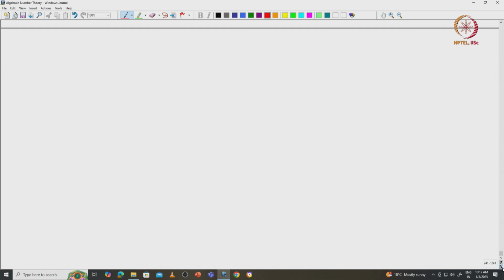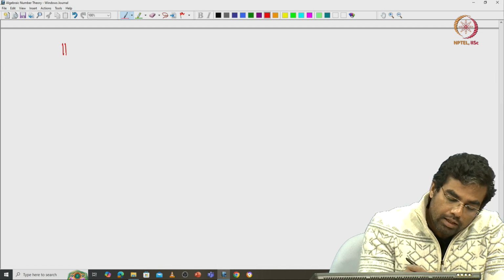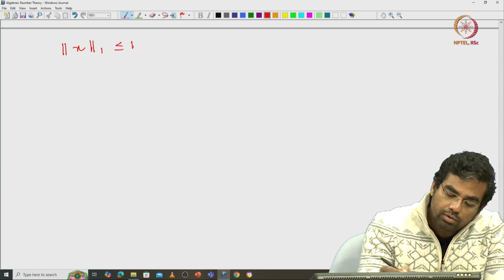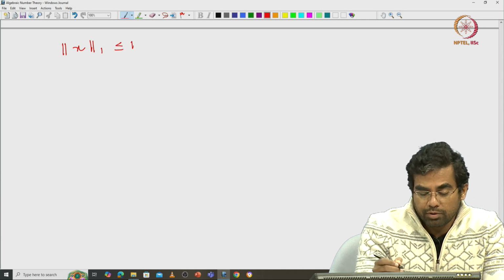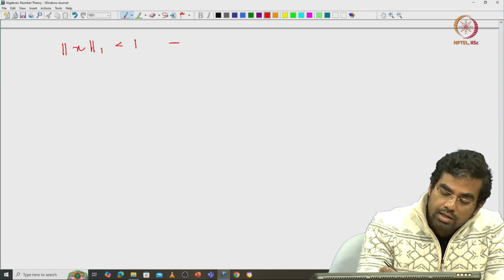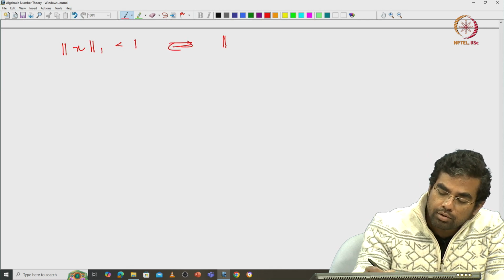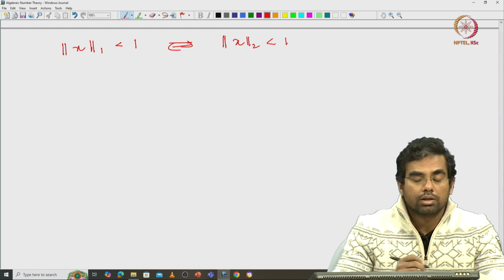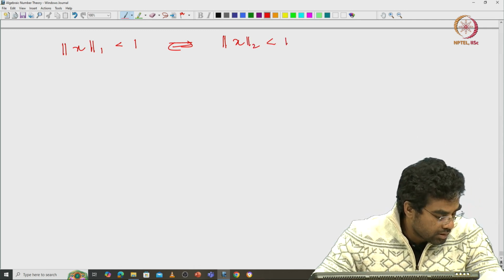Therefore, the valuation 1 of x being less than 1 is equivalent to saying that the second valuation of x is less than 1. All right.